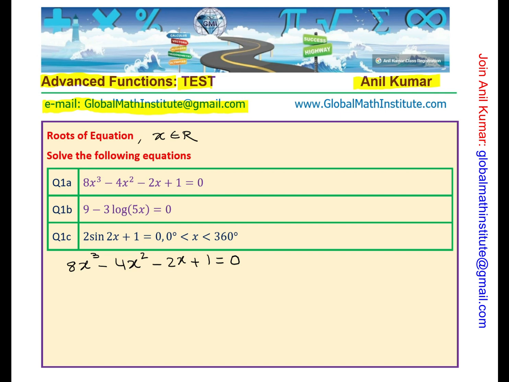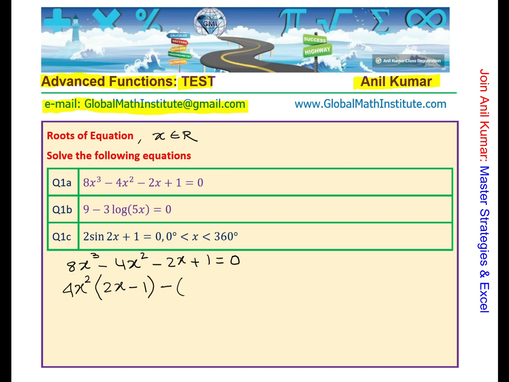Here you can factor 8x cubed minus 4x squared. From the first two terms, 4x squared is a common factor. So what you get here is 2x minus 1. And we already have 2x minus 1 if you take minus 1 common.